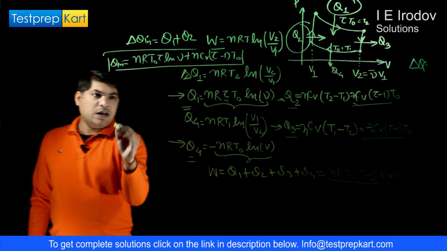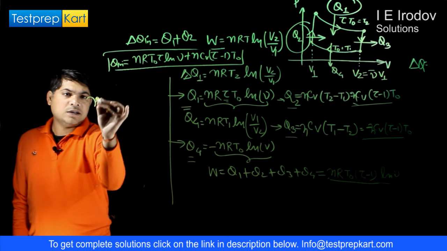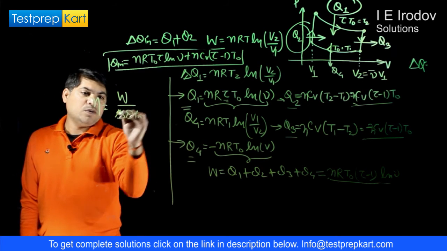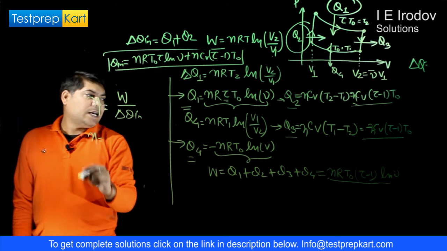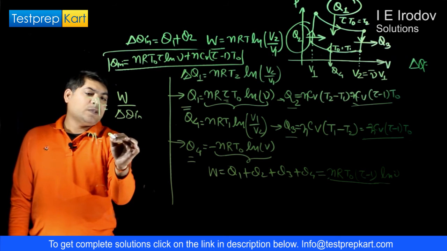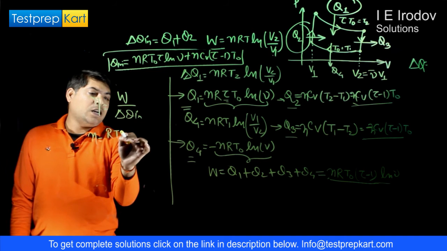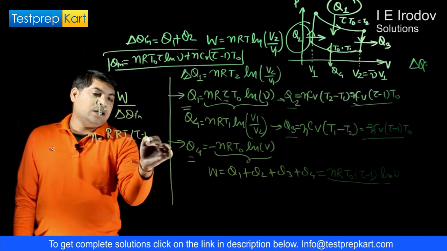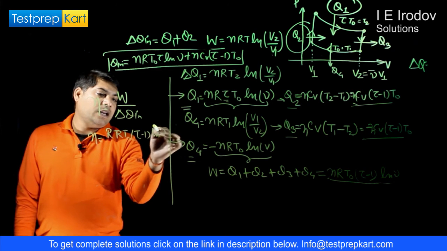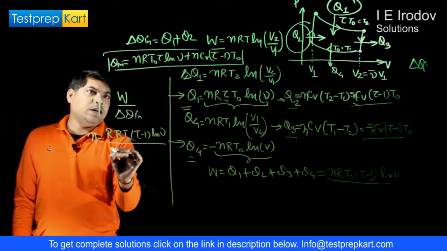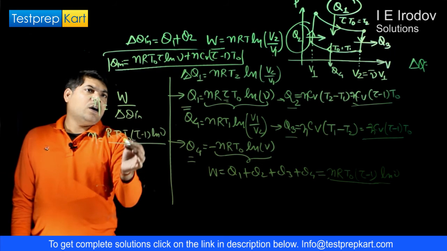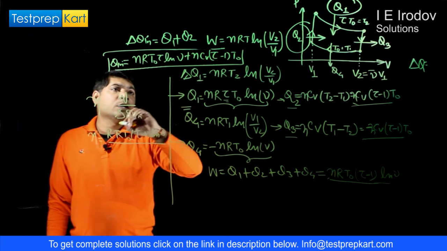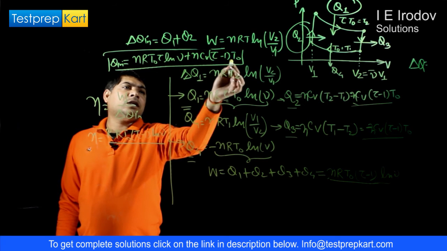Now efficiency is work divided by Q in. This is nRT naught tau minus 1 ln V divided by nRT naught tau ln V plus nCv tau minus 1.